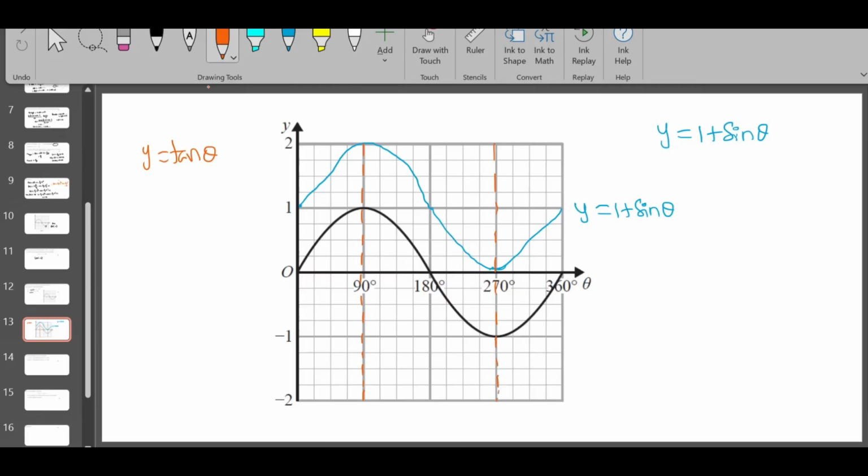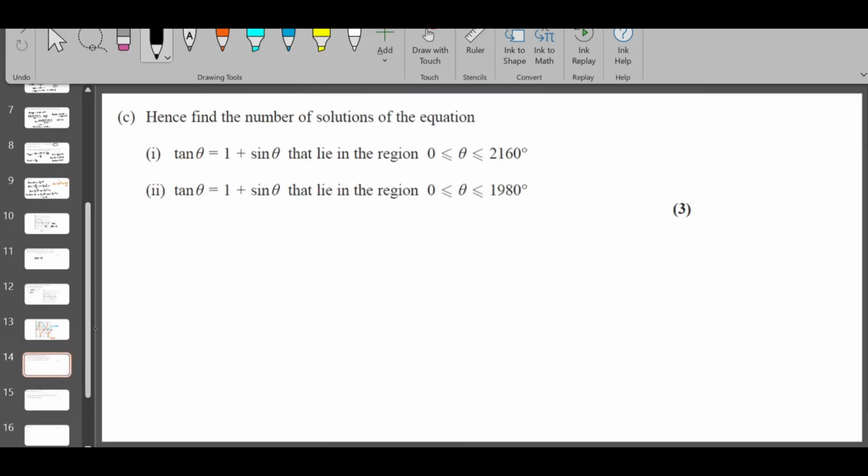So you need to draw the top part of the graph, and then the full graph here without touching the asymptote. Here only the bottom part. Label it y is equal to tan theta. That's all.